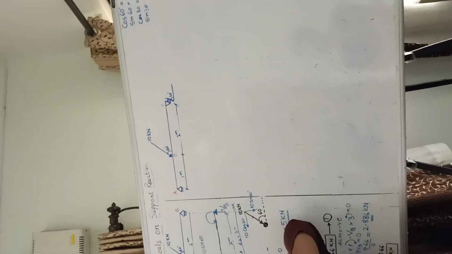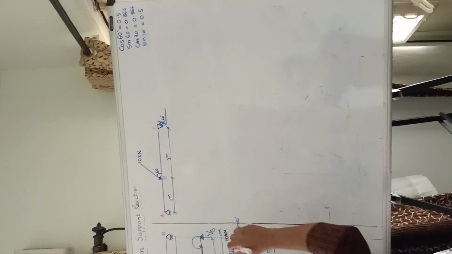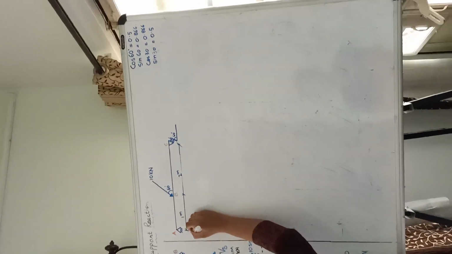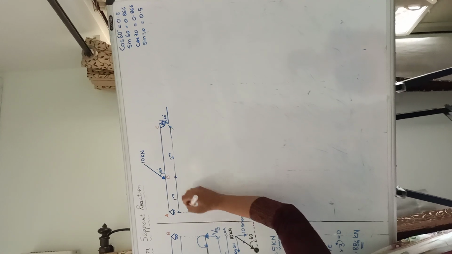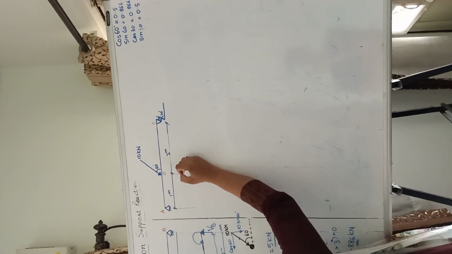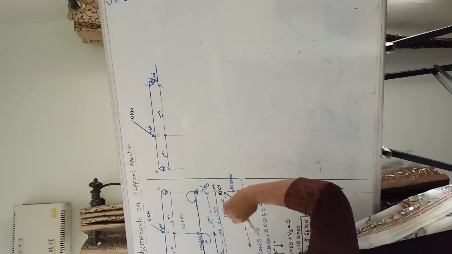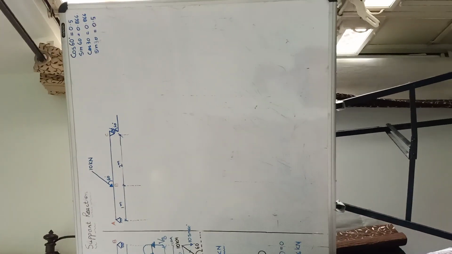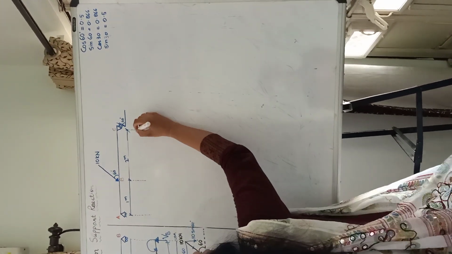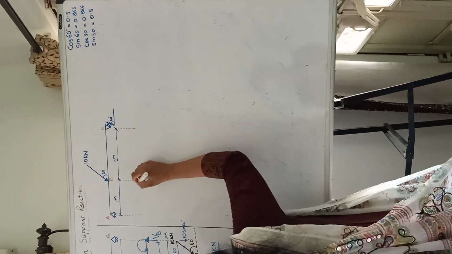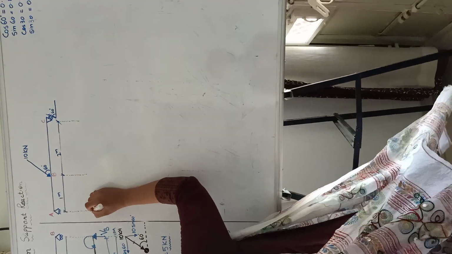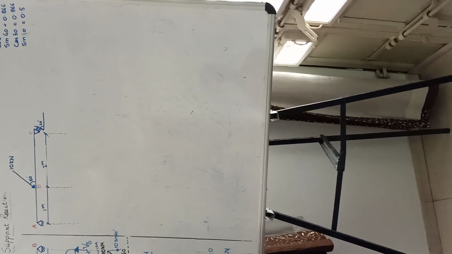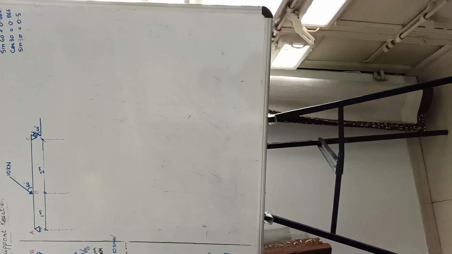Now as it is a roller support, to draw the free body diagram, first of all I have to convert the inclined load into a horizontal and vertical load. Other than that, I have to also convert the inclined support into horizontal and vertical reactions.